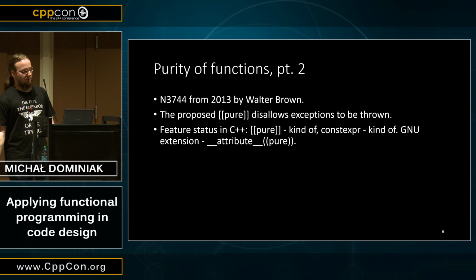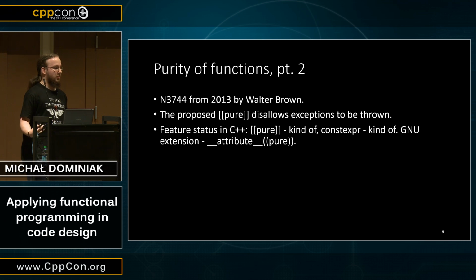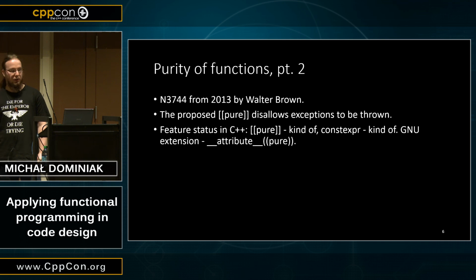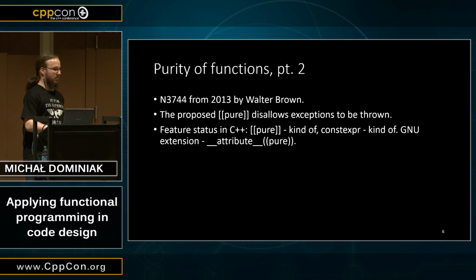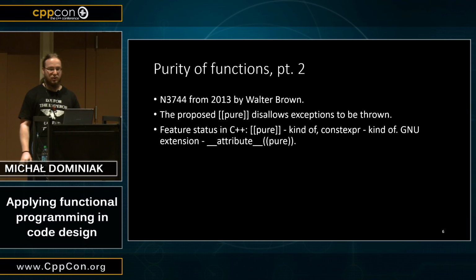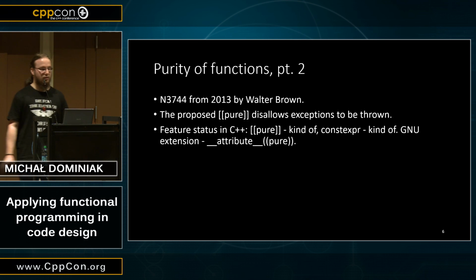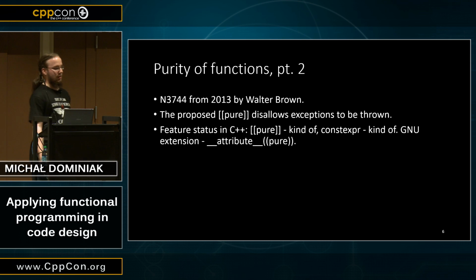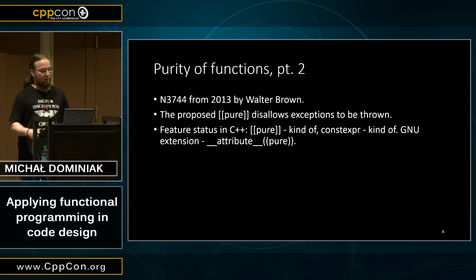We have constexpr. Constexpr functions, if they are used in a constant expression context, must be pure, otherwise your code will not compile. So that is one of the ways we kind of have pure functions in C++ right now. Constexpr also follows the idea that throwing an exception makes a function not pure.